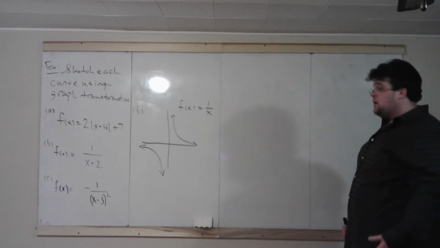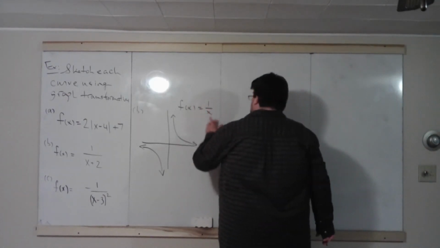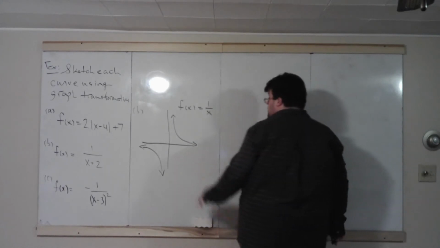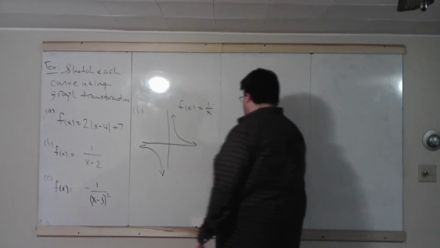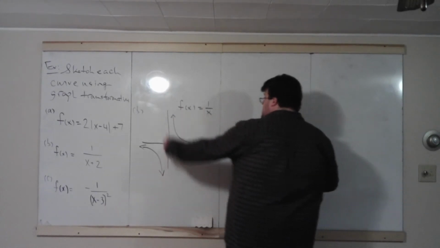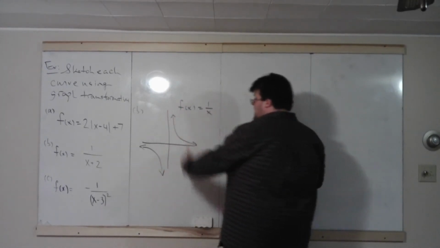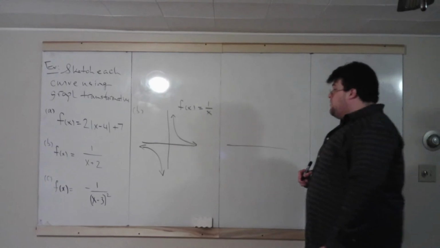Where does that occur in this function? Well, it occurs when the denominator is 0. When the denominator is 0, we get this vertical asymptote.